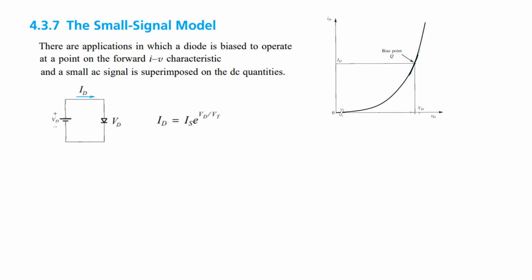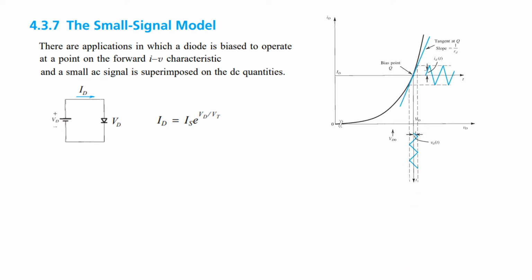And for this we have the equation that the DC current, or the diode current, is given by I_S. We have learned in the previous video that this is the saturation current or reverse saturation current, and e raised to the power V_D over V_T, where V_D is the diode voltage and V_T is the thermal voltage, which is assumed to be 25 millivolt, or in some books it is given as 26 millivolt.